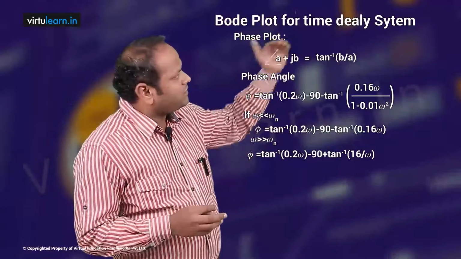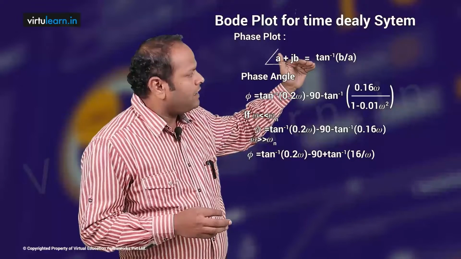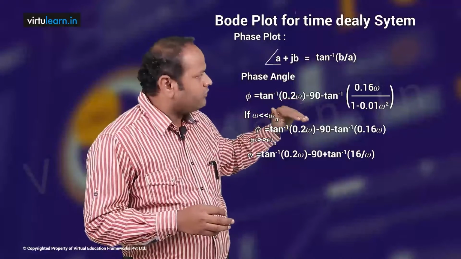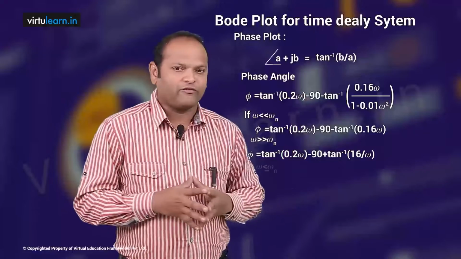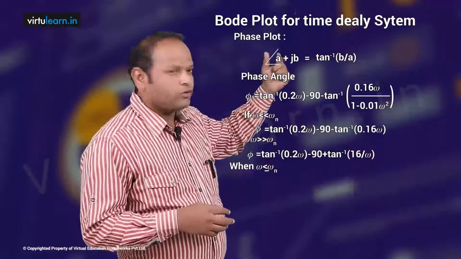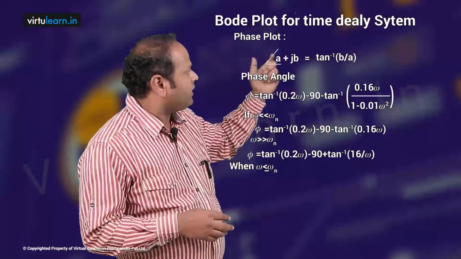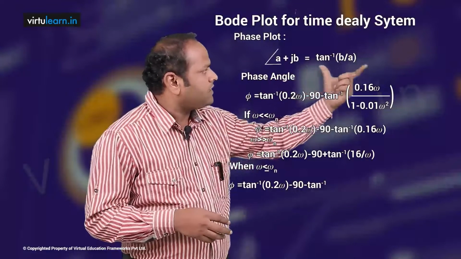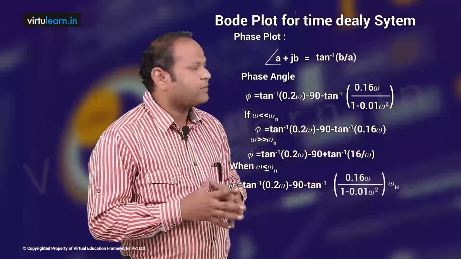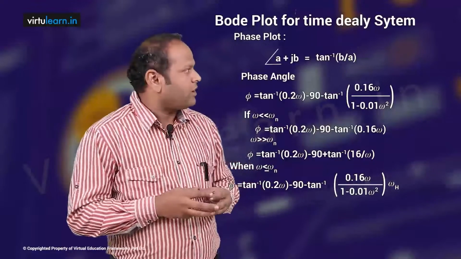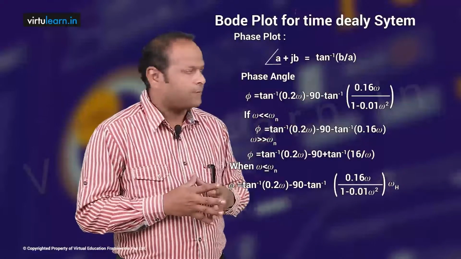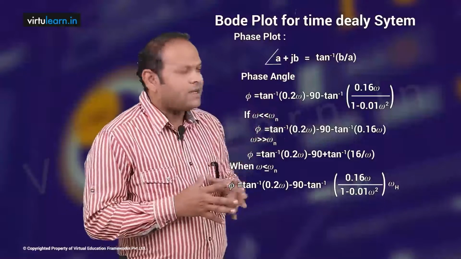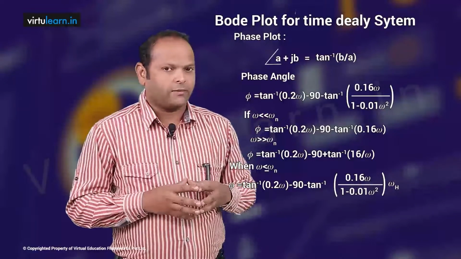Otherwise, directly take the first expression and add 180 degrees whenever omega crosses the omega n value. So I can use this expression also: phi is equal to tan inverse of 0.2 omega, minus 90, minus tan inverse of 0.16 omega by 1 minus 0.01 omega square. This is valid for omega less than or equal to omega n.